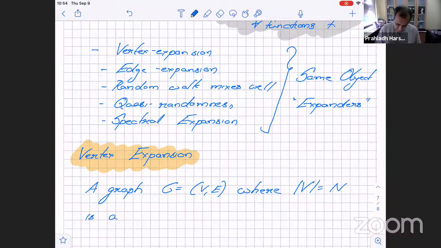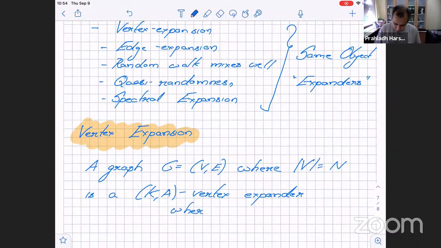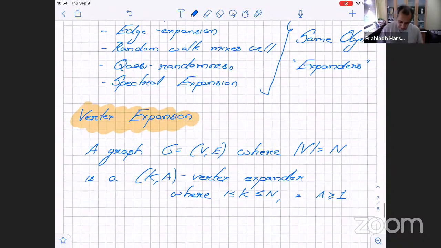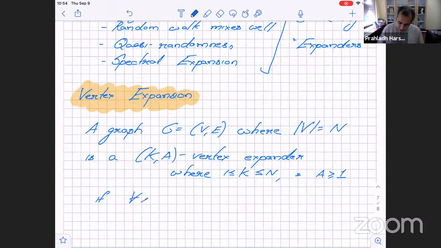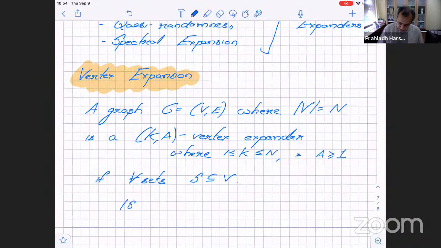A (k, a) vertex expander, where k is an integer between 1 and n, and a is some real number greater than or equal to 1, if for all sets S of the vertices, if the size of S is at most k, then the size of the neighborhood of S is greater than the size of S by at least a factor a.